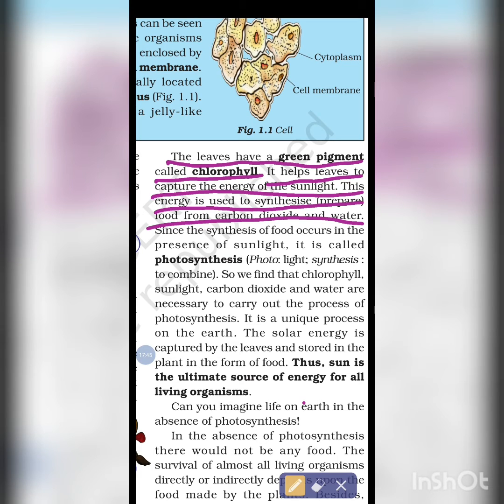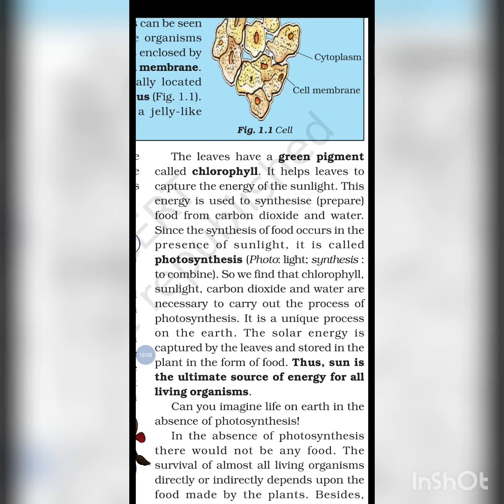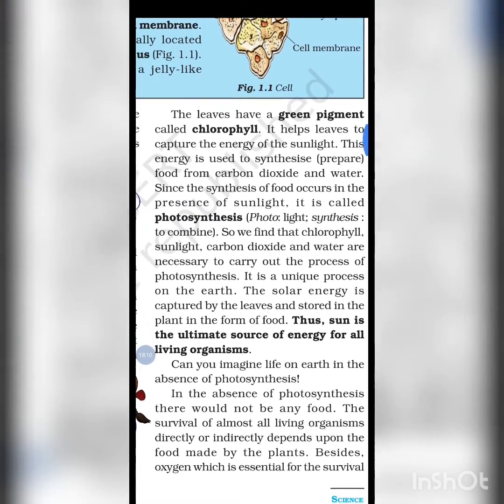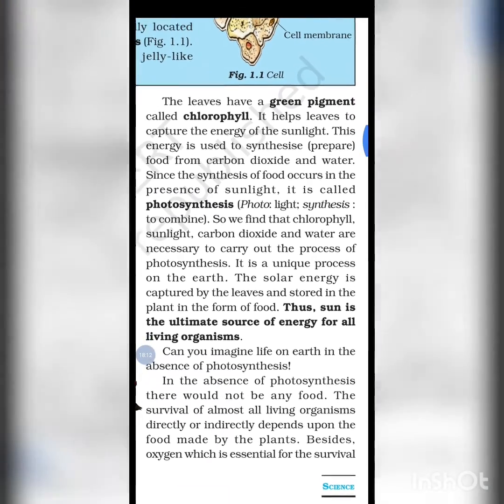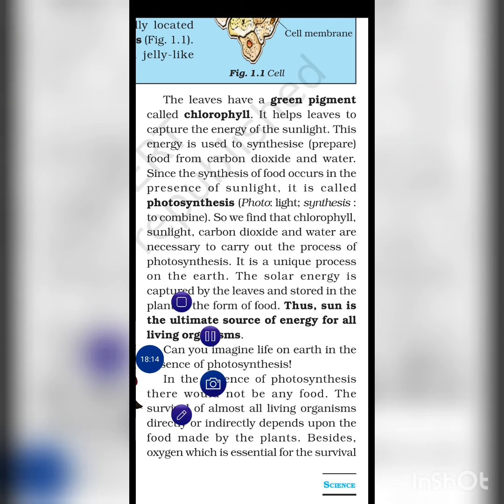Chlorophyll helps to capture energy; capture means to take energy from the sunlight. The energy that chlorophyll captures is used to prepare food from carbon dioxide and water. Since the synthesis of food occurs in the presence of sunlight, it is called photosynthesis.